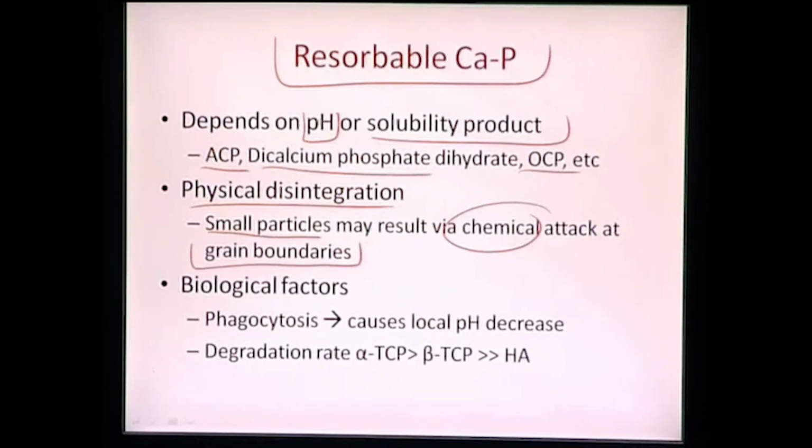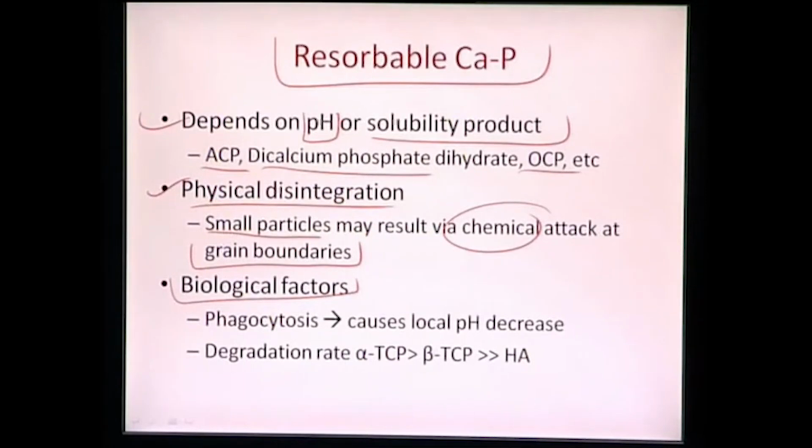So these small particles result from chemical attack, and they start going at the grain boundaries or anywhere else, and start disintegrating the material physically. And there can also be some biological factors. So we have either dependence on the pH or deterioration from the powder particles or debris particles.